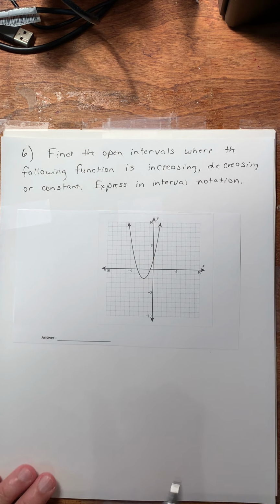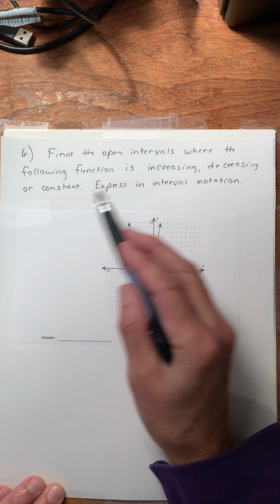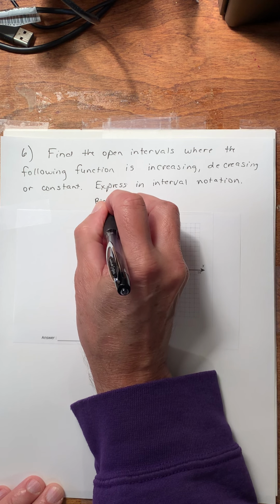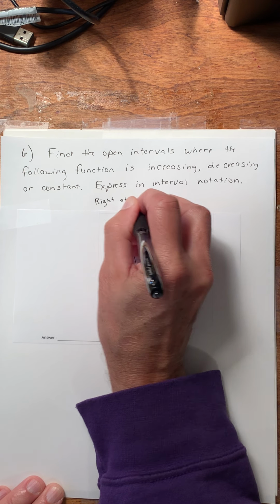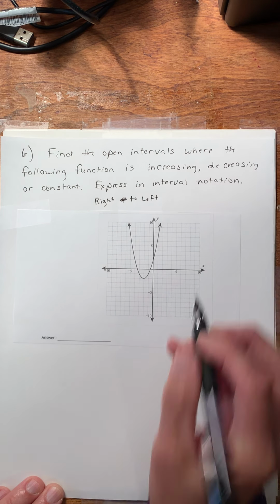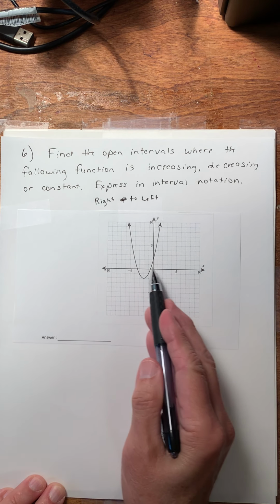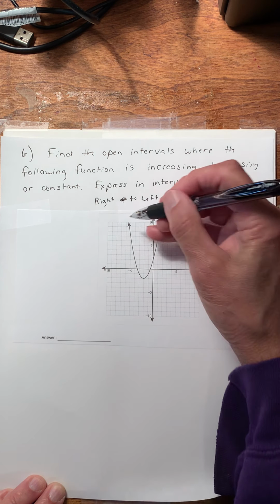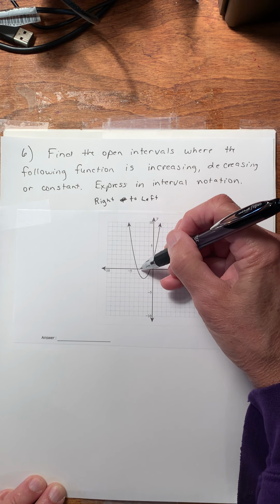Number 6, find the open intervals where the following function is increasing, decreasing, or constant. Express in interval notation. Now, when I'm looking for these intervals that are increasing, decreasing, or constant, remember, I am looking as I am moving right to, that's odd, right to left. As I'm moving this way from negative infinity, look at your graph, it's decreasing.